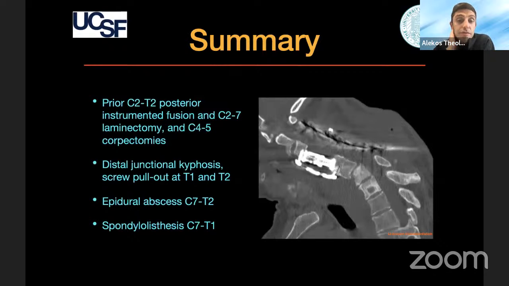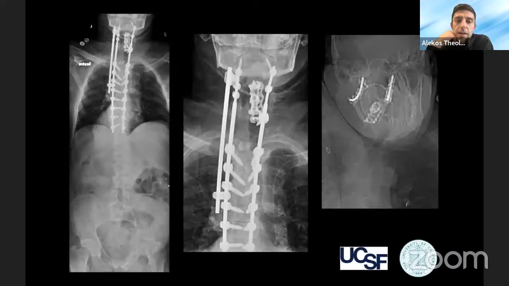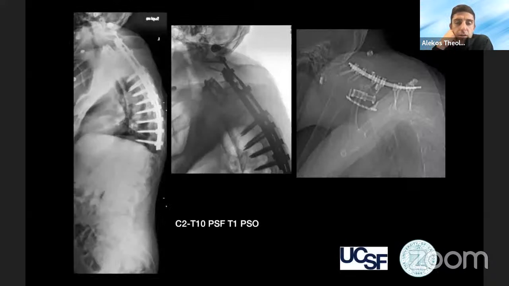If he wasn't fused in that subaxial spine, we would have been able to get some more lordosis to the subaxial spine. But he did as well as he could have. And I think it just highlights a lot of the topics that we addressed in the talk in terms of where to stop, proximally and distally, and options for correction. Happy to take any questions.